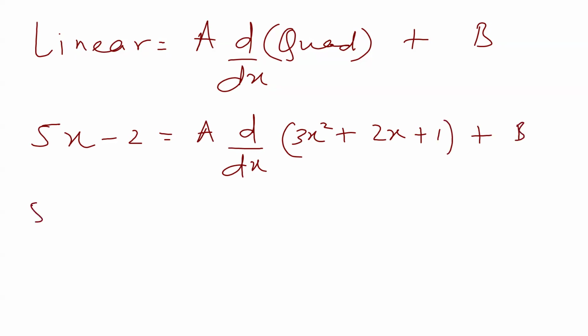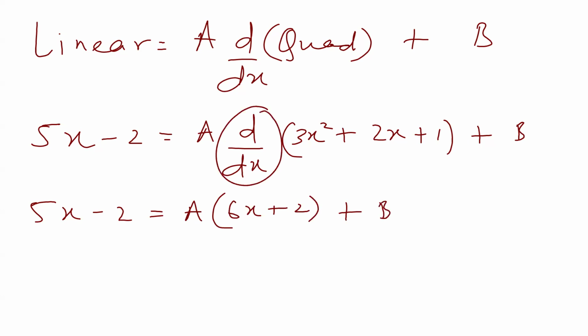So this will be 5x minus 2 equal to a into 6x plus 2 plus b. Immediately after the derivative, whatever step you get, that is equation number 2.